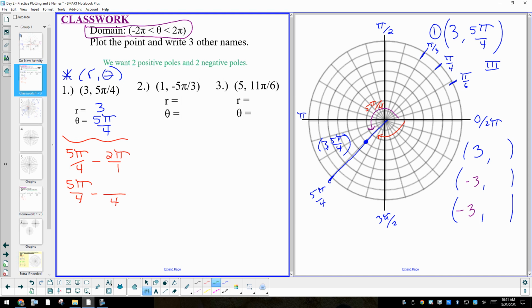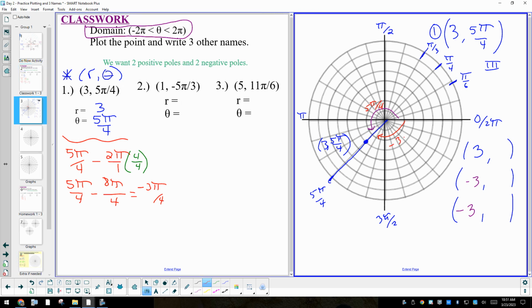Let's just show what we're doing. So you get 8 pi. So now you see, oh, 5 minus 8 would give you guys what? Negative 3. And that's the red negative angle. That's this negative angle right here. Negative 3 pi over 4.